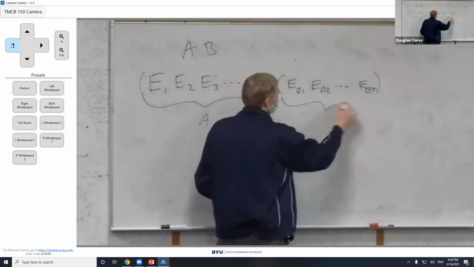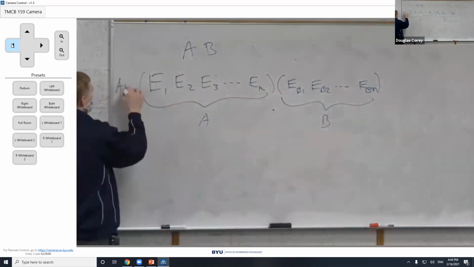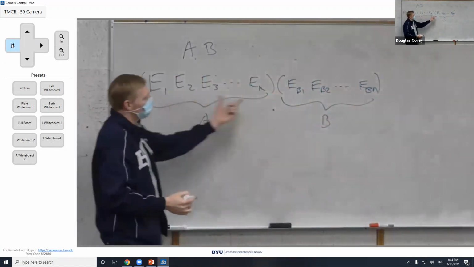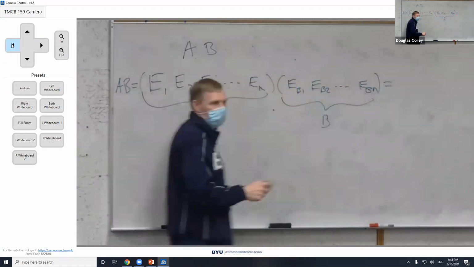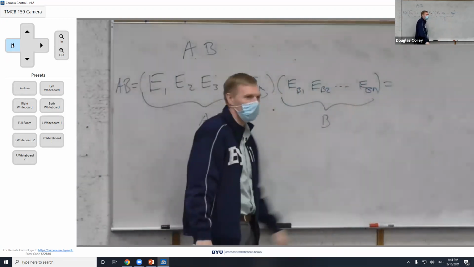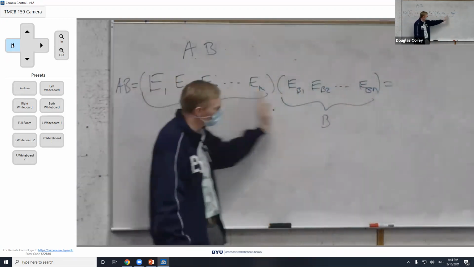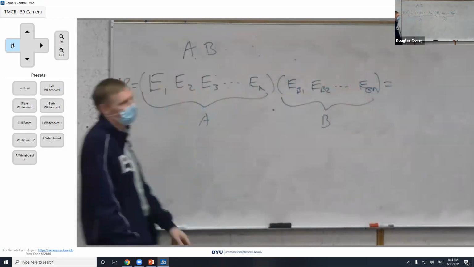So this would be the same as B. If I multiply all these together, what do I have? I have a product of elementary matrices, and any matrix I can write as a product of elementary matrices must be invertible, because that's what the theorem said.